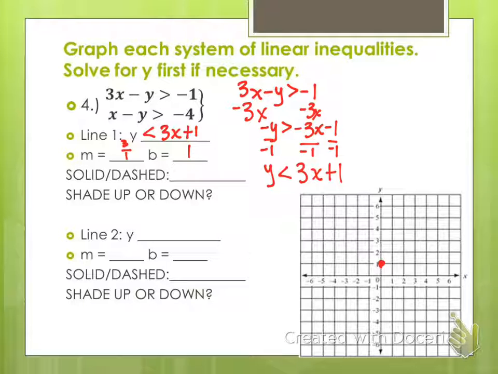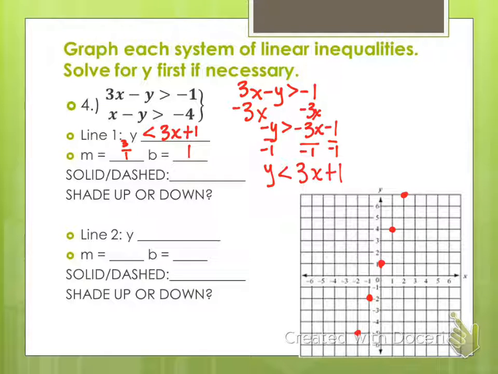A slope of 3/1 means that I am going to go up 3, right 1. Up 3, right 1. Instead of going up and right, I could go down and left. Okay, not quite as many points this time because our slope is bigger.